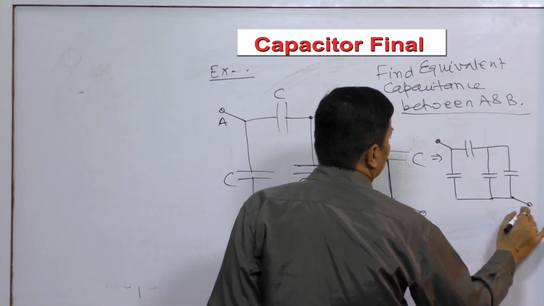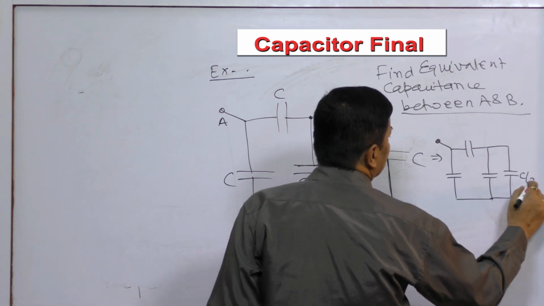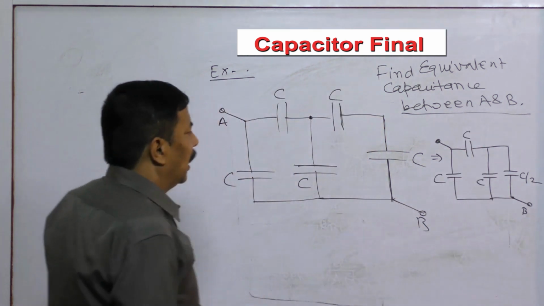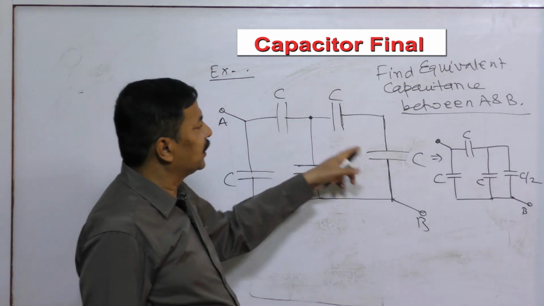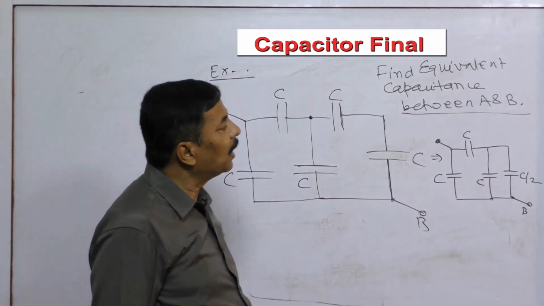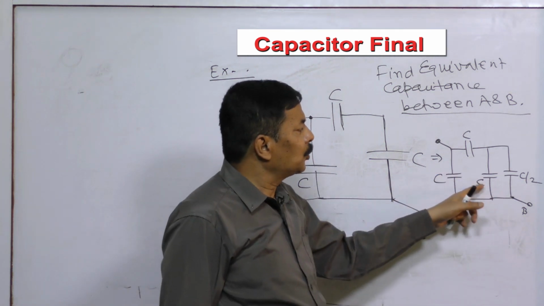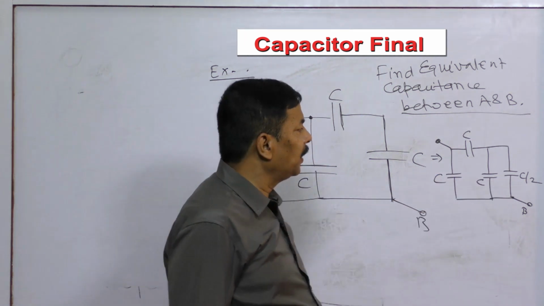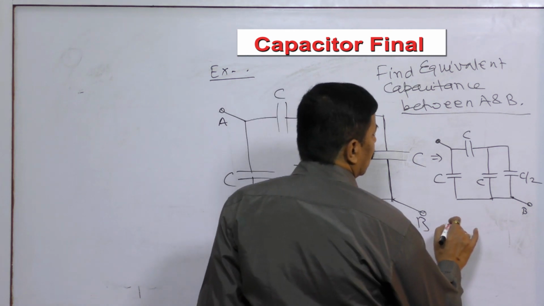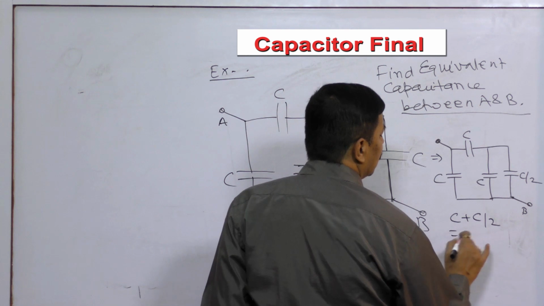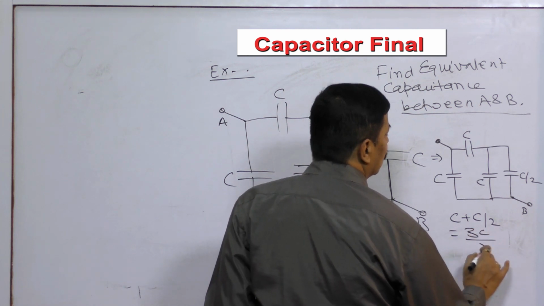This point is your B. C, C, C. Now these two are in series, so C by 2. Again here these two are in parallel, so what will be the equivalent capacitance? Parallel: C plus C by 2, that is 3C by 2.